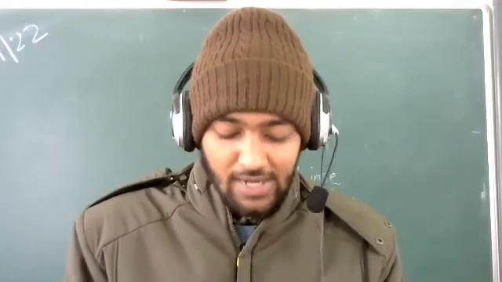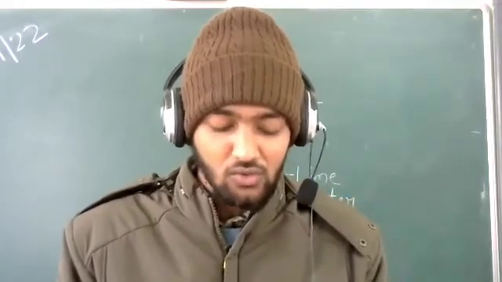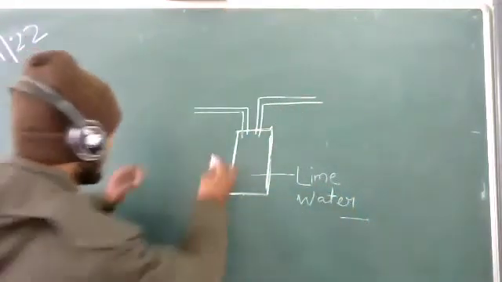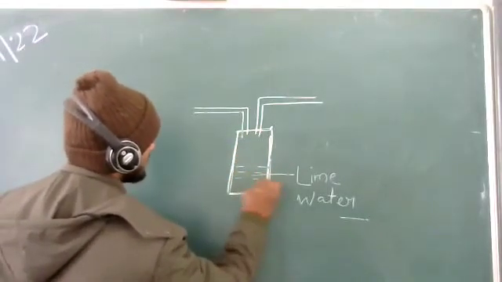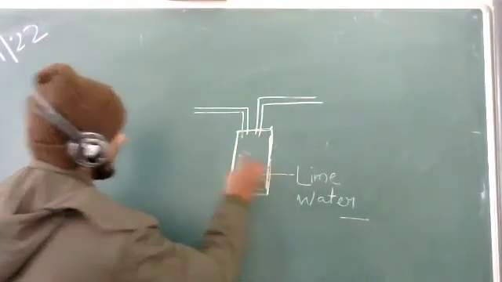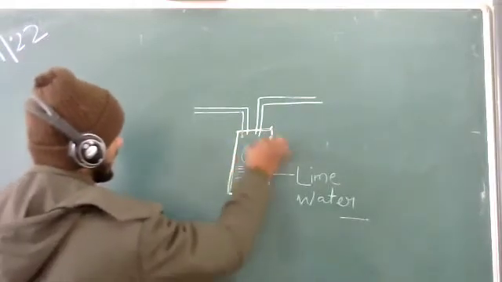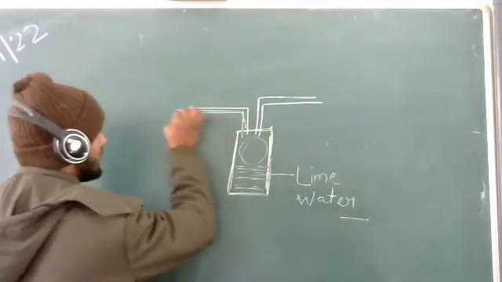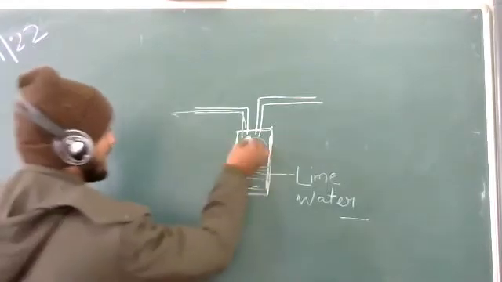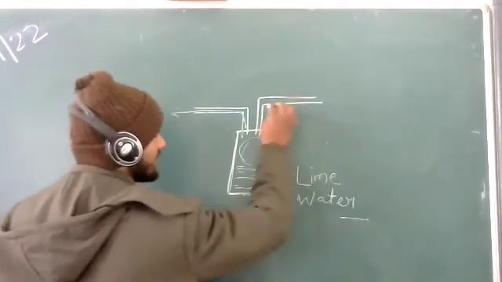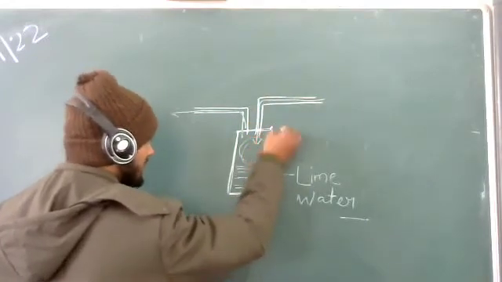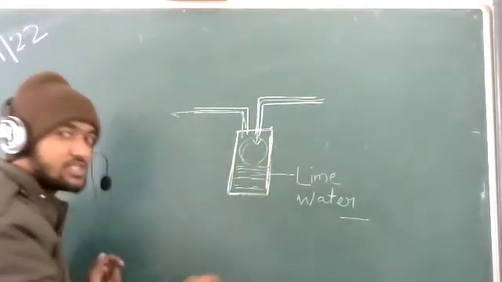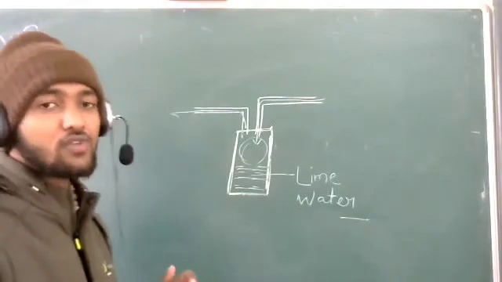Suck in air through one delivery tube so that fresh air enters the lime water through the other tube. When you suck air, the air goes outside, and fresh air enters through the other tube, and in the fresh air carbon dioxide is present.